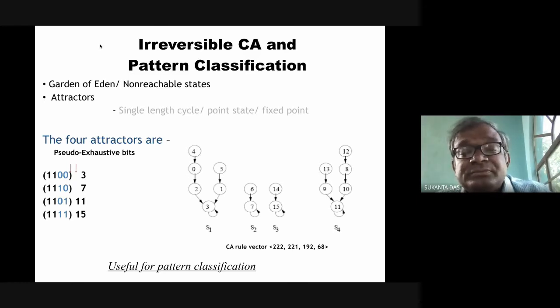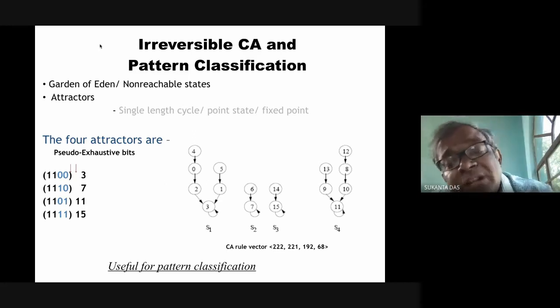It has four distinct graphs. Now suppose S1 and S2 form class 1, and S3 and S4 form class 2.